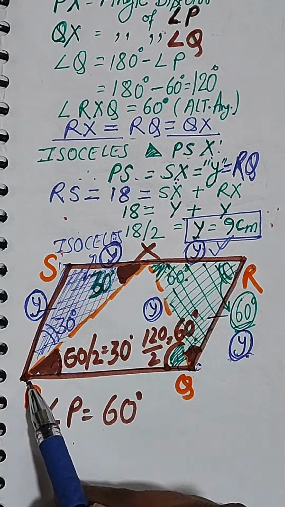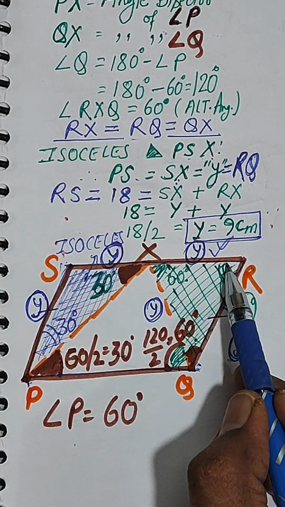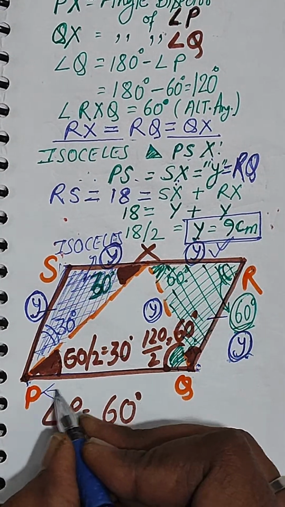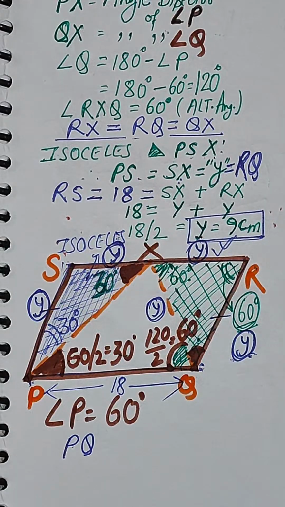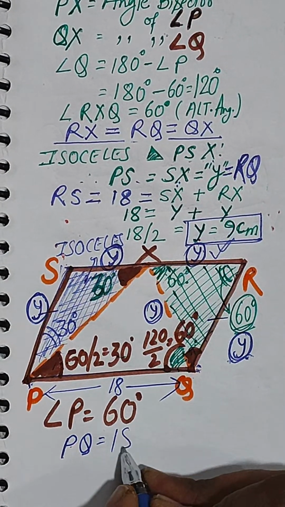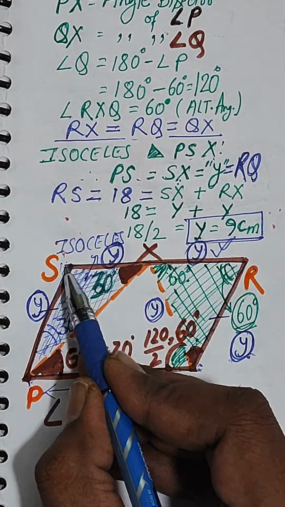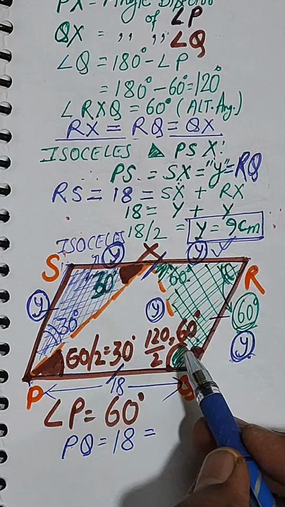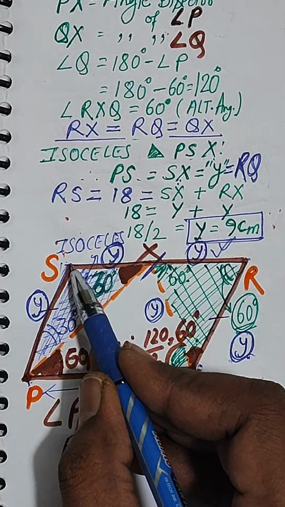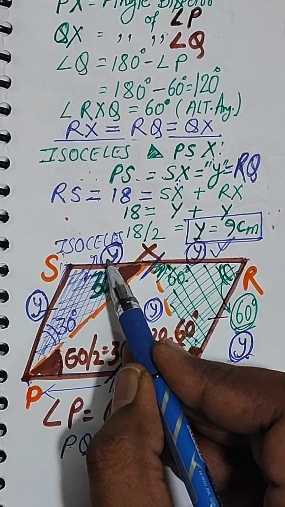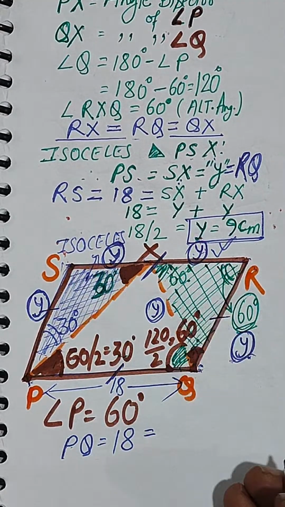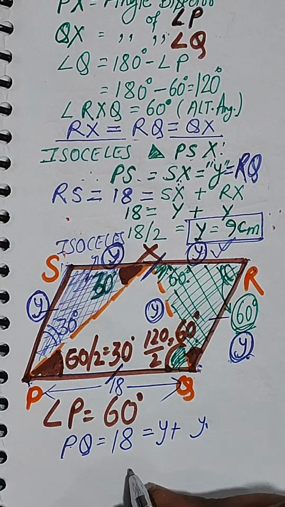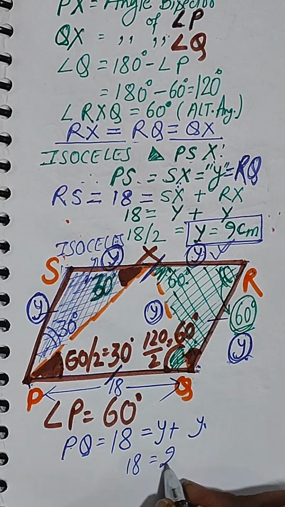So you can see PQ and SR will be equal. If PQ is given to you as 18, then PQ as 18 can be written as equal to SR, because opposite sides of a parallelogram are equal, right? And SR is nothing but SX plus RX, and both of those are y and y. So we can write 18 is equal to y plus y, so 18 equals 2y.